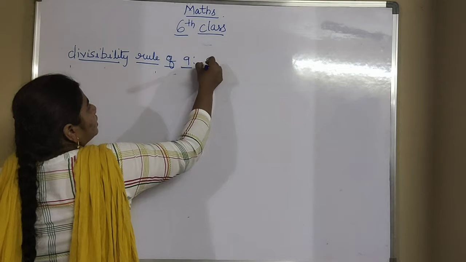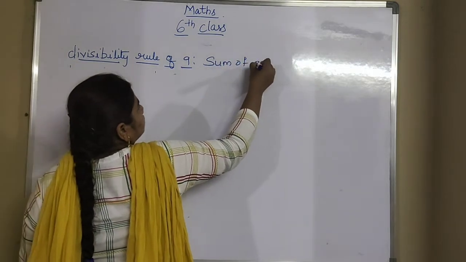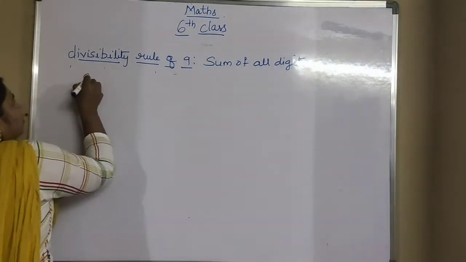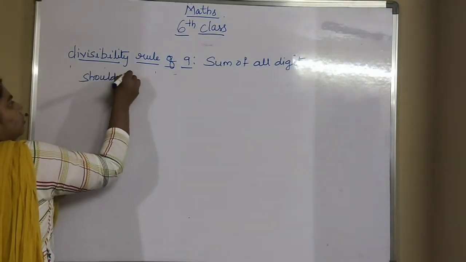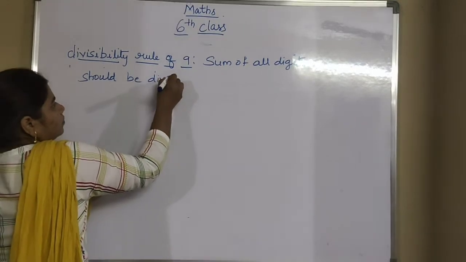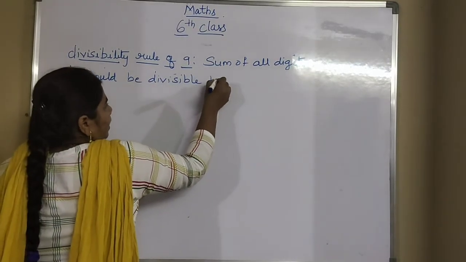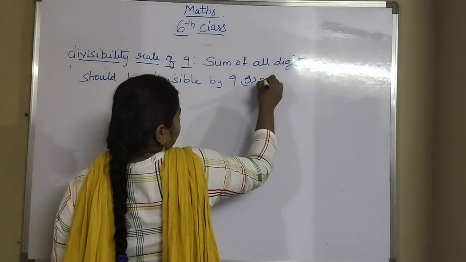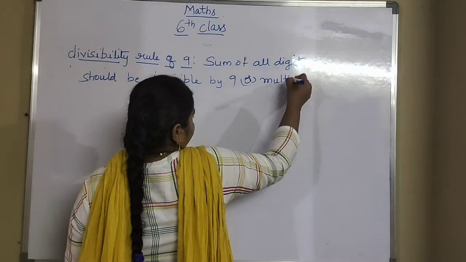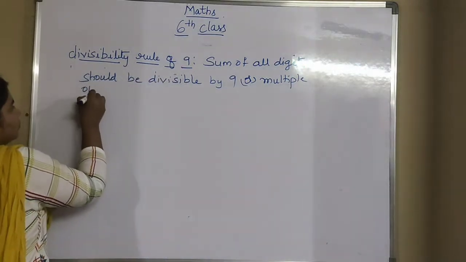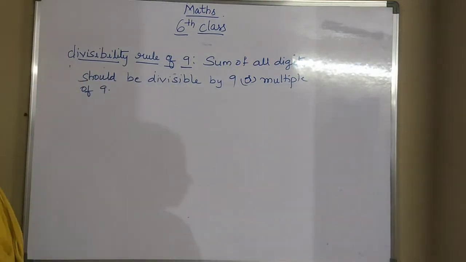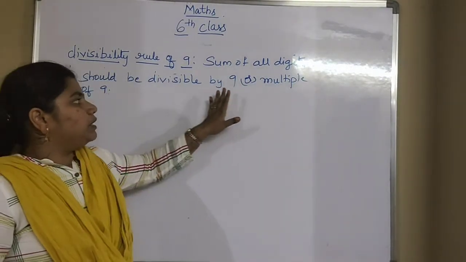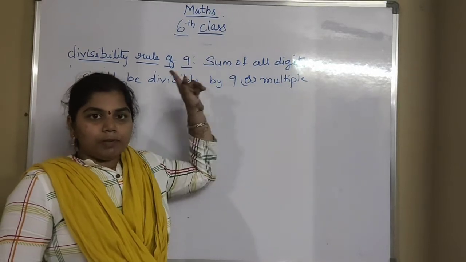Sum of all digits should be divisible by 9 or it should be a multiple of 9.